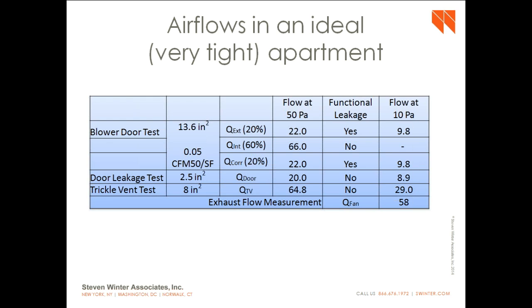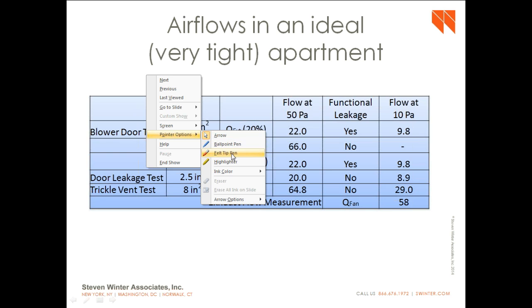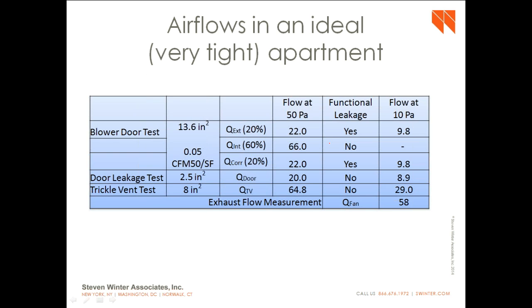And if we just divvy up these leakages, we can see how they amount to airflow through the exhaust fan. So the blower door test numbers, the total of all of these leakages here is 110 CFM.